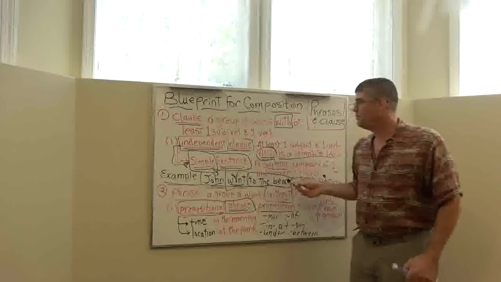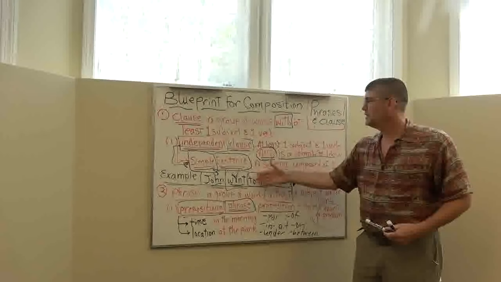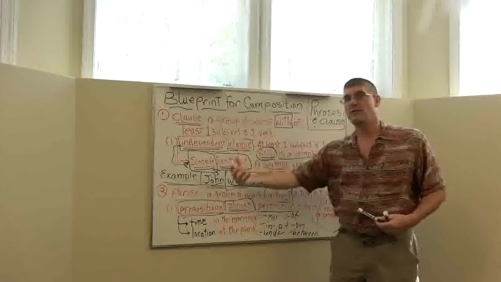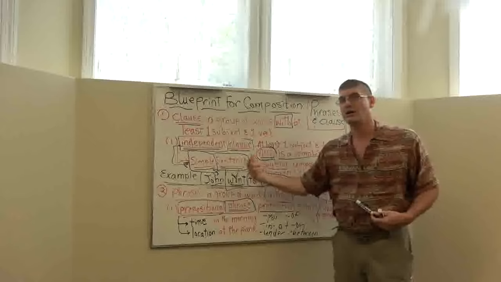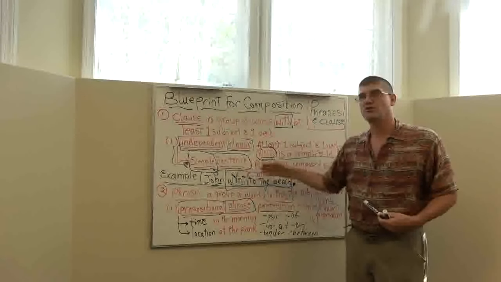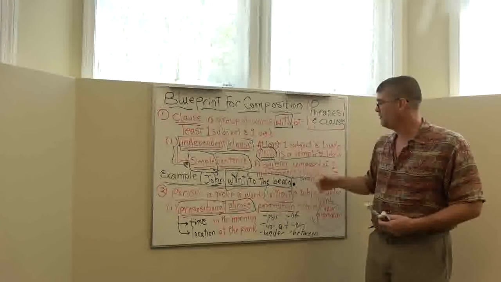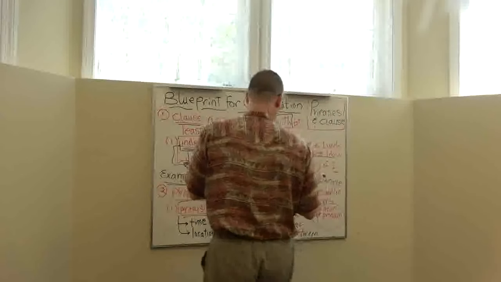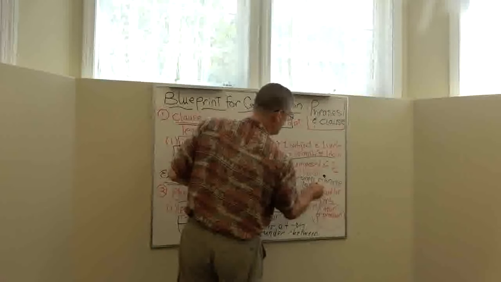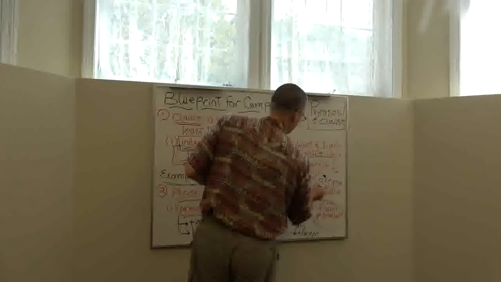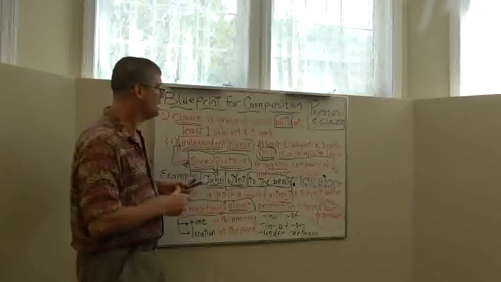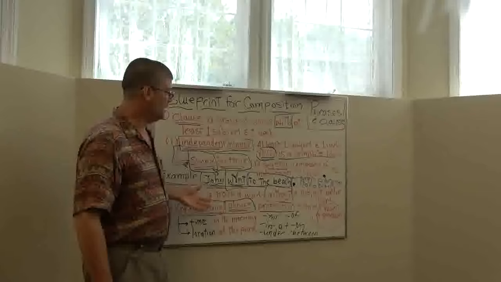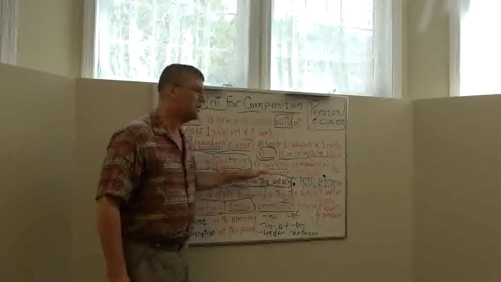So, John went to the beach. The prepositional phrase, to the beach, adds more information and gives more detail about where John went. John went where? John went to the beach. So, this is a prepositional phrase, and it is a prepositional phrase of location. John went to the beach. Now, look at the position.